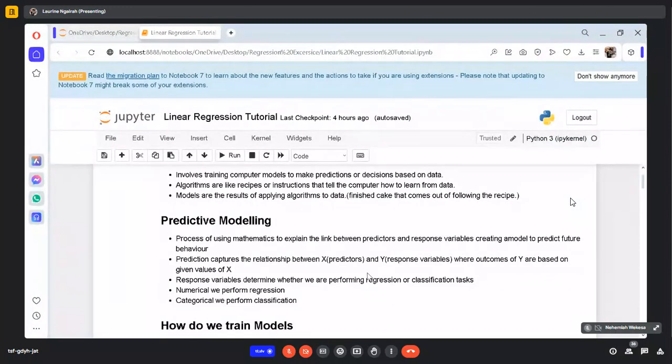If we are doing regression, it means that these dependent variables are numerical. And if we are doing classification tasks, it means that these dependent variables are categorical.